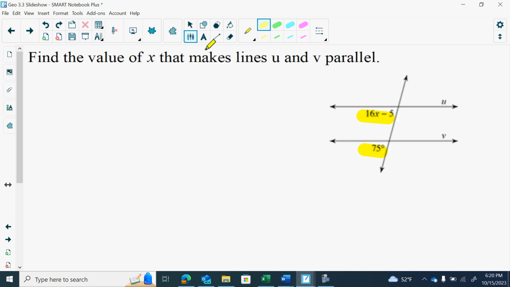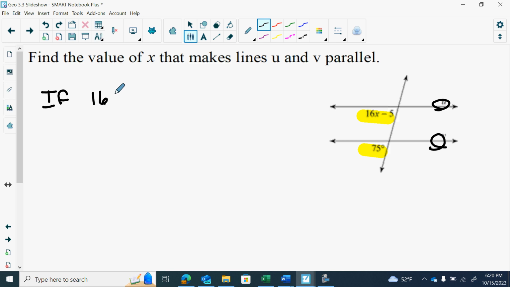And the postulate I just found out said that if I want this line and this line to be parallel, then these two angles have to be corresponding angles, which means they have to be congruent. So what I can do over here is start off by turning this into a nifty conditional statement.